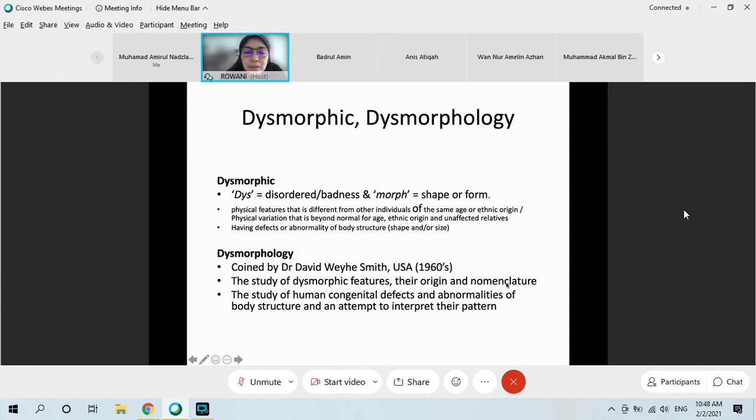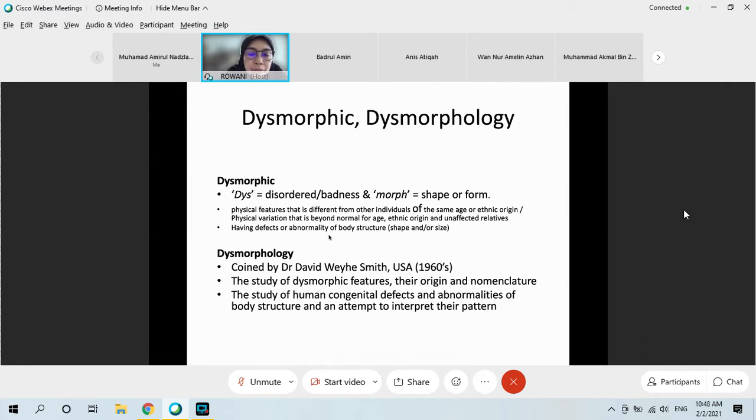So this is dysmorphic. Down syndrome is dysmorphic, isn't it? There are physical features that are different from other individuals of the same age and ethnic group, beyond normal for age, ethnic origin, or unaffected relatives. The term dysmorphology was first coined in the 1960s.